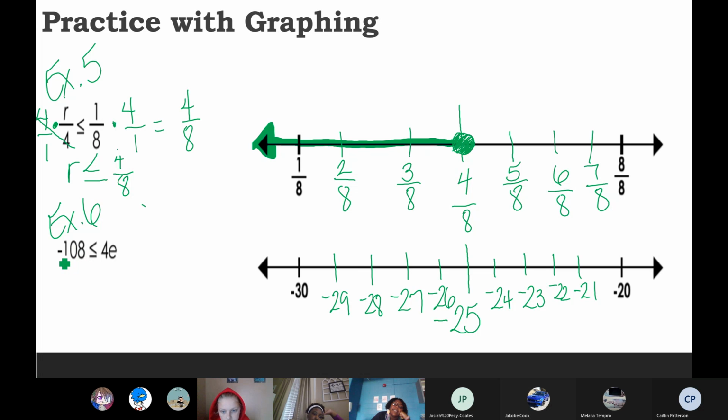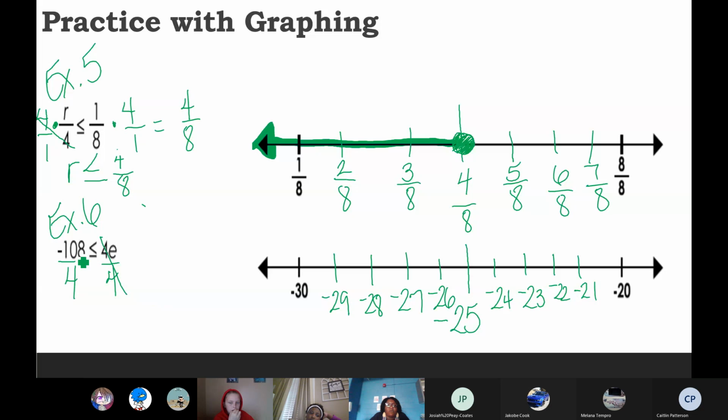Okay, -108 is less than or equal to 4e. What are 4 and e doing? What operation is happening between these two terms? This is multiplication, guys. So, can someone tell me what is the opposite of multiplication? Division. So, if I was multiplying by 4, I'm going to divide by 4 to isolate my variable.